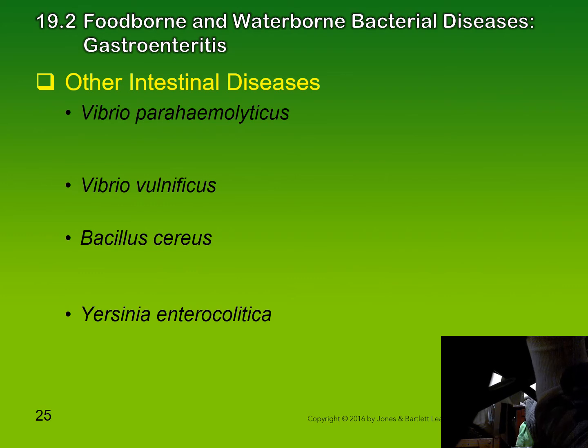Okay. A few more gastroenteritis things. Vibrio parahaemolyticus is found primarily in seafoods, and this is why you can only catch certain fish at certain times of the year, because they could be contaminated with the Vibrio.